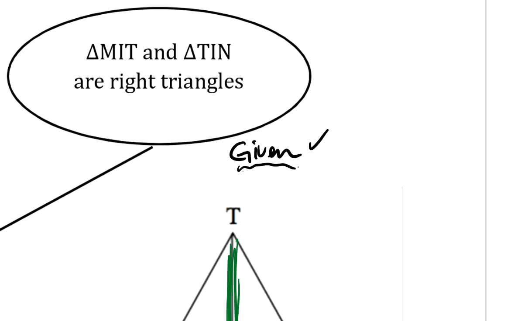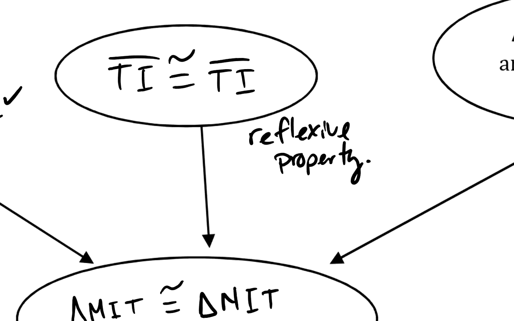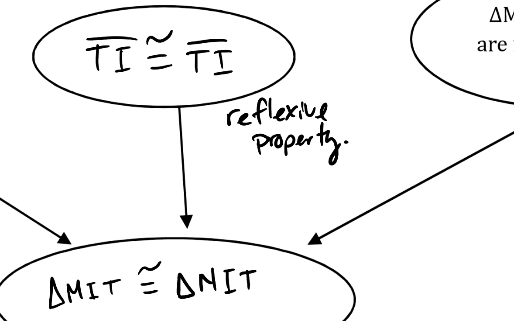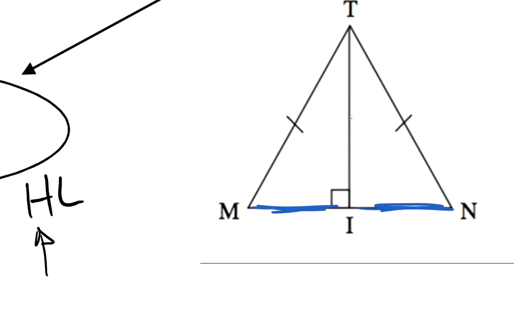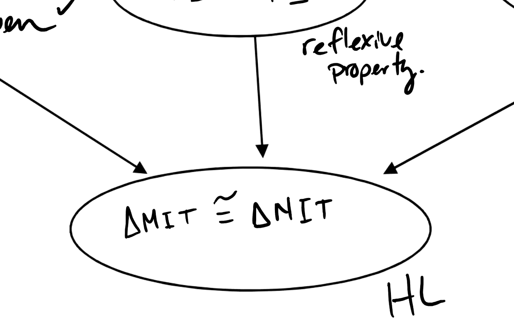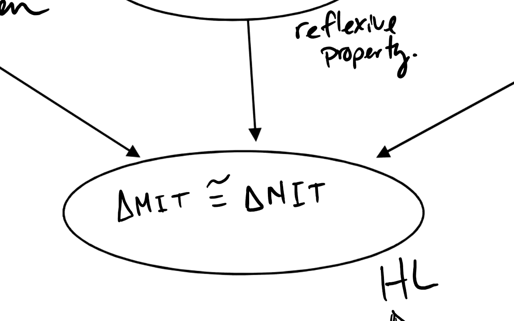For now, we'll just refer to this as given. This, however, is not given. I don't have markings showing that TI was congruent to itself. That's why I'm using the reflexive property: any angle or line segment is congruent to itself. Since TI is in both of those triangles, TI is congruent to TI, and that's the leg that I needed.